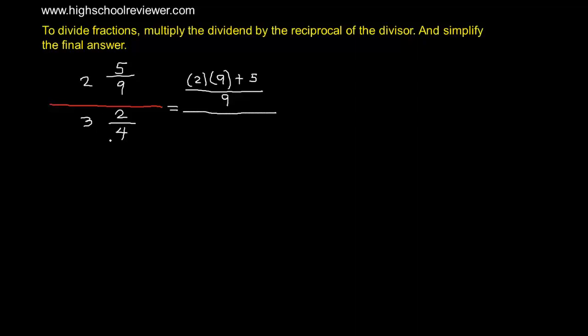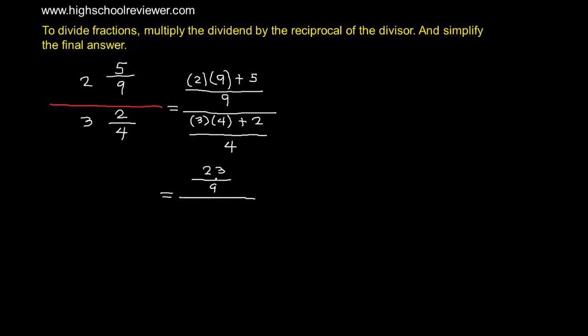And for the numerator of our second fraction, this will be the whole number, which is 3, multiplied by the denominator, which is 4, added to the numerator, and the denominator would still be 4. And then we have here 18 plus 5, that would be equal to 23 all over 9.